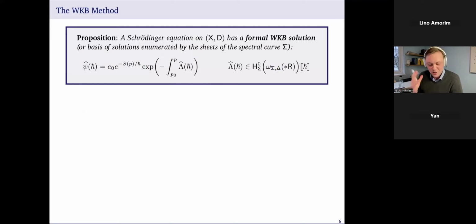But in addition, at the ramification locus they also have poles, and these poles grow in order as the order of h bar is increased. So each coefficient is a global section of omega sub sigma delta of star r.